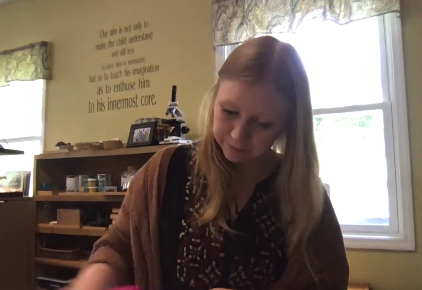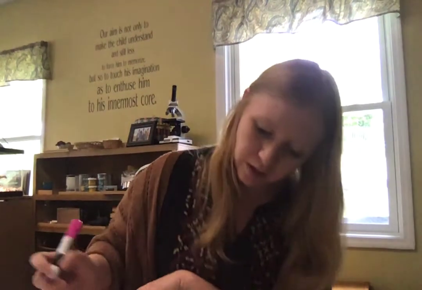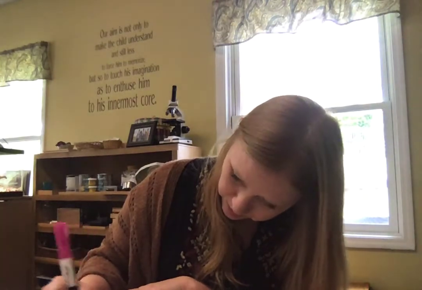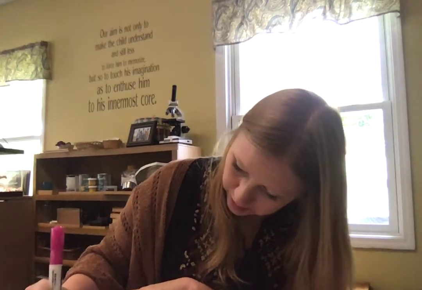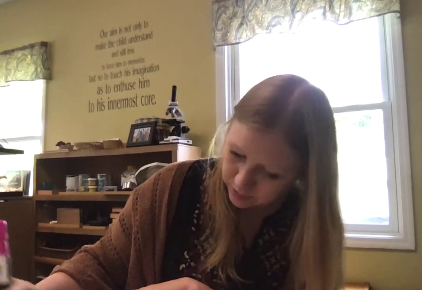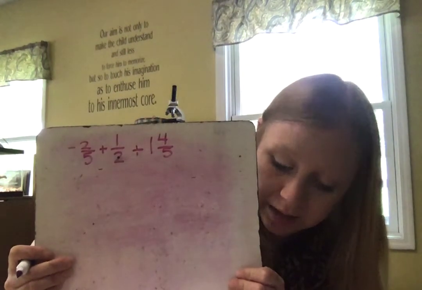Keep going. Number 5. Negative 2/5 plus 1/2 plus 1 4/5. So the first thing, once again, I need to figure out a common denominator between 5 and 2.